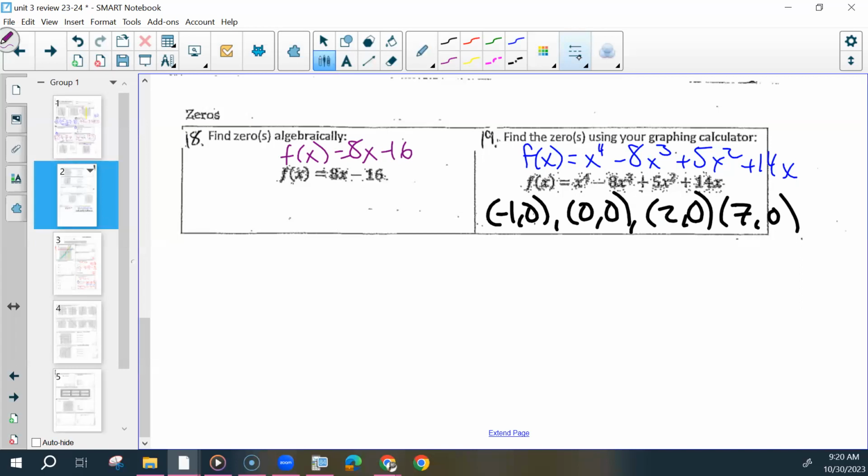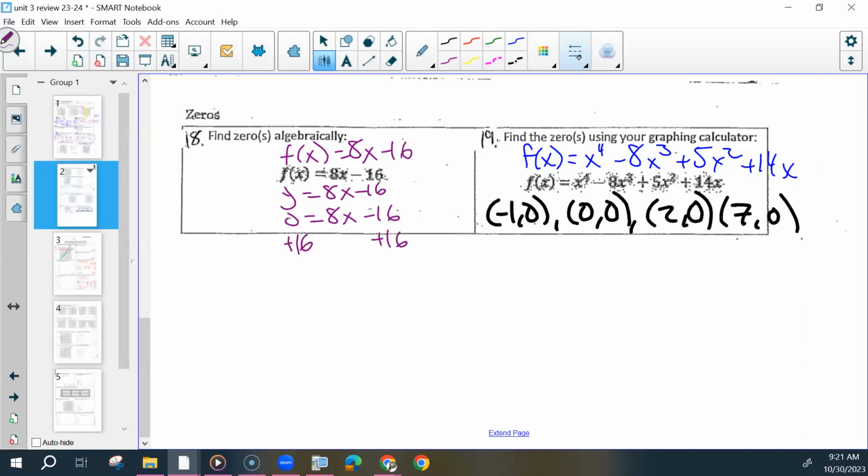What is the y value if we're looking for an x-intercept? So you also have to remember that f of x is the same as y, so you can change this to y. Or you can just change the f of x or y to 0. And then you're just solving for x.